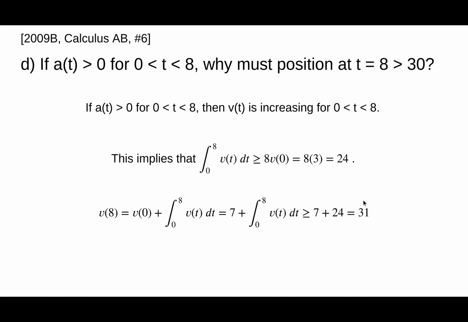So 7 plus that integral, but that integral, remember, has a lower bound of 24. So v of 8 has to be greater than or equal to whatever 7 plus 24 is, which is 31. Well, if that's the case, then clearly v of 8 has to be greater than 30, because it has to be greater than or equal to 31, and 31 is definitely greater than 30.